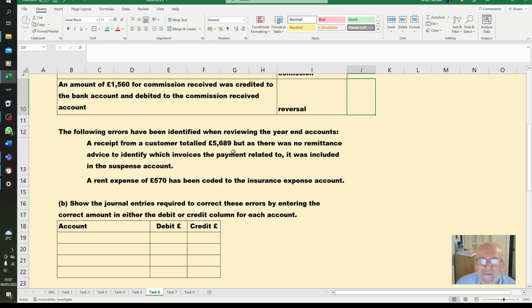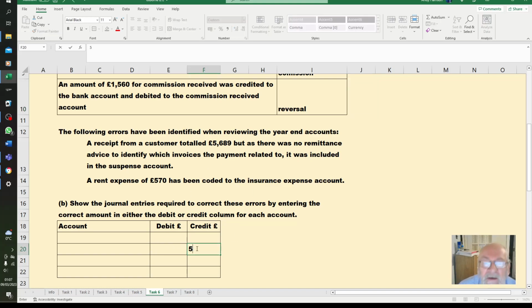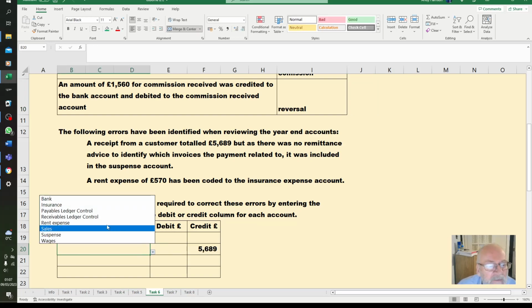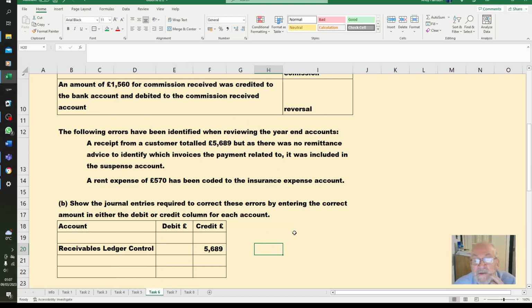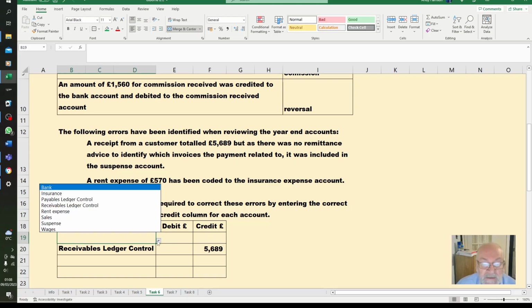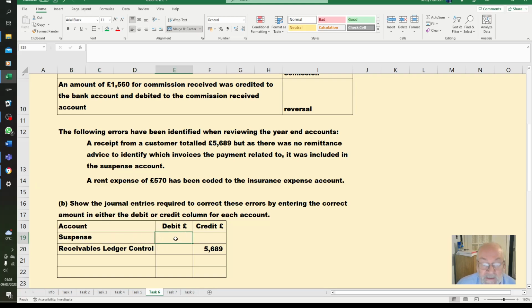So actually what are we going to do? We're going to put it into our control account. That means it's going to be 5,689 in our receivables. So that's what we didn't do. We didn't do it because we didn't know how to post it. But it will be sitting in our bank account for our bank statement, which means we probably put the balance in our suspense account, because that's what it means.